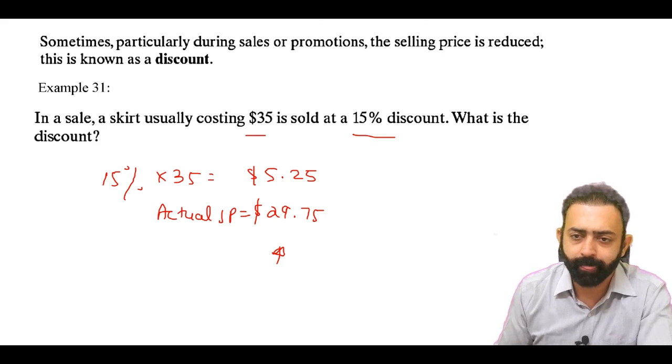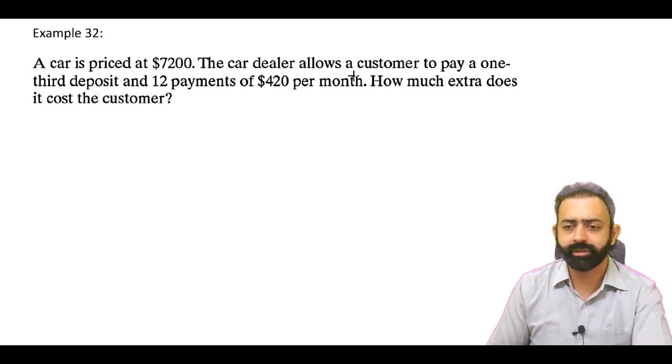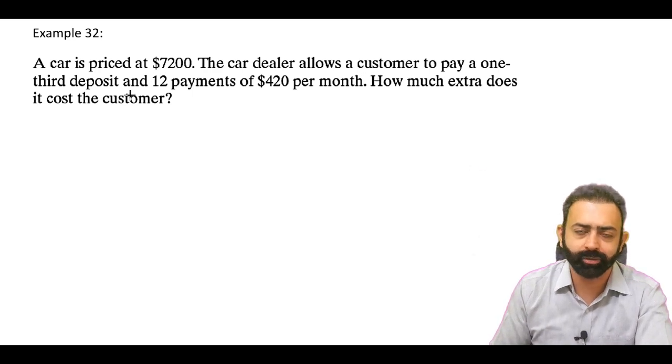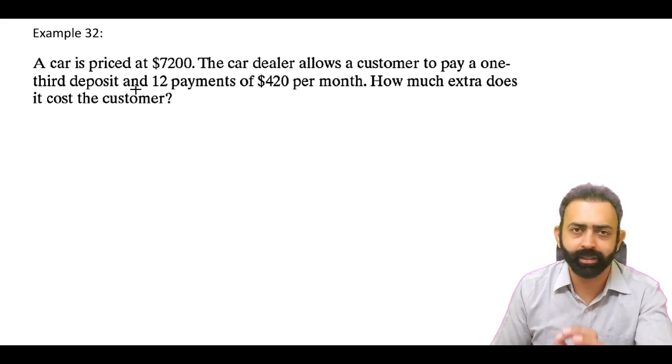Okay, moving on to the next one. It says that a car is priced at $7,200. The car dealer allows a customer to pay a 1/3 deposit, meaning the dealer is giving some scheme in which the customer can pay part payments.